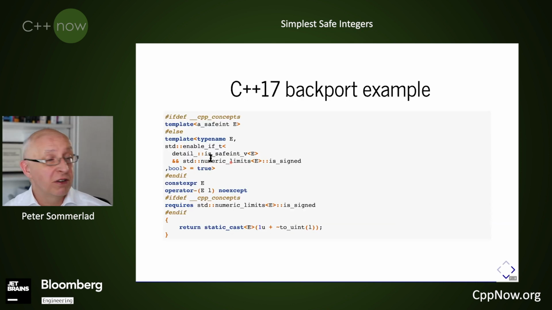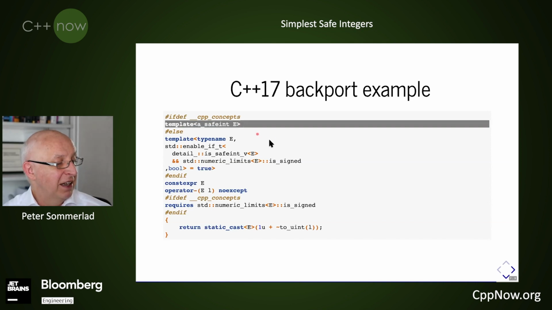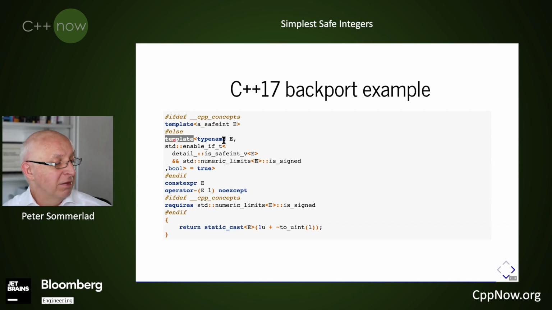Just to show you the ugliness of what's happening: if you have, let's say, a constrained template with the safe int trait, we'll have to mimic that with enable_if_t and the constraint that we had with the trait, plus something else saying, okay, is it signed?